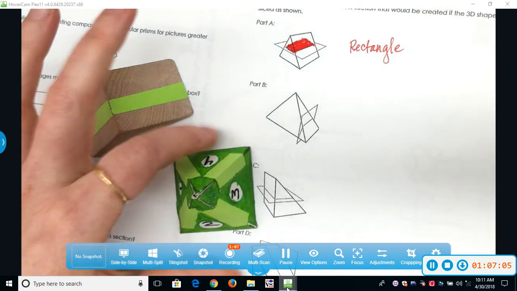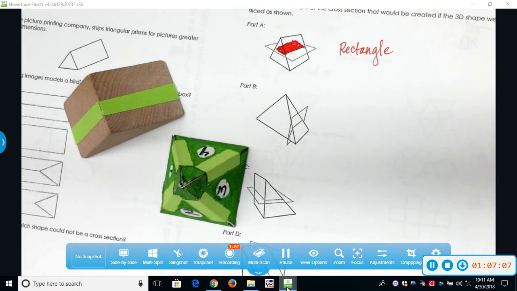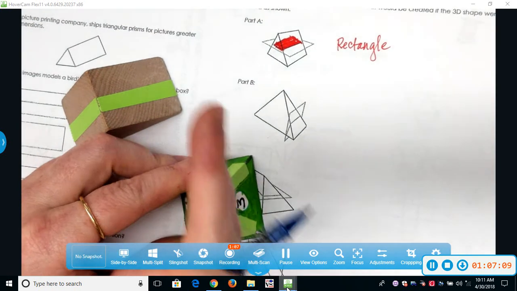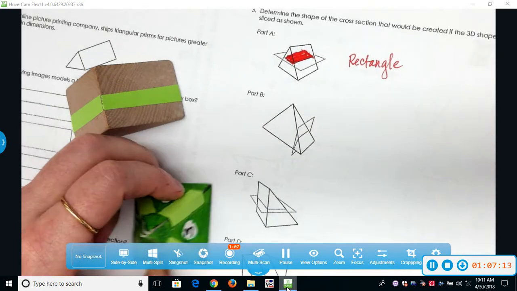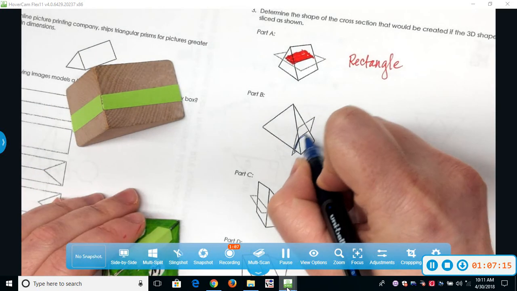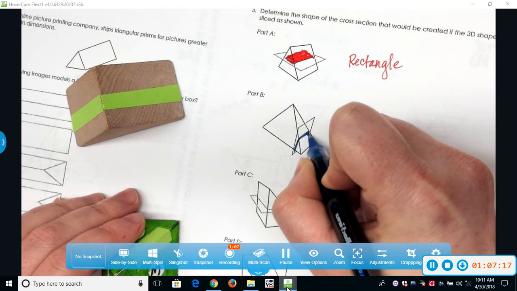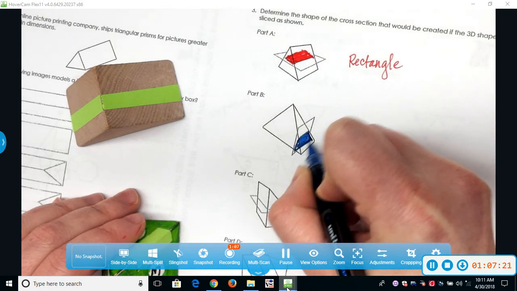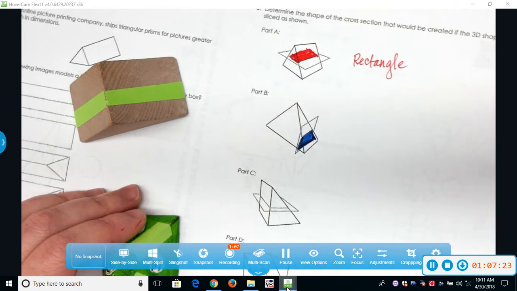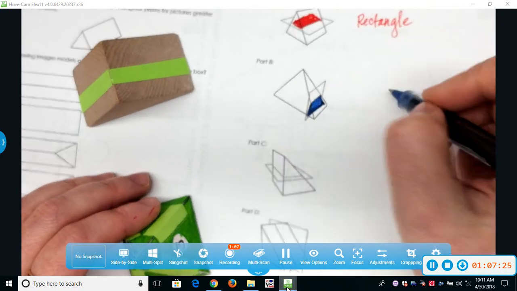Alright, so for part B, you have a prism, and they've sawed off one of the sides here. This one's the trick. They've sawed off one of the sides. What shape is that?